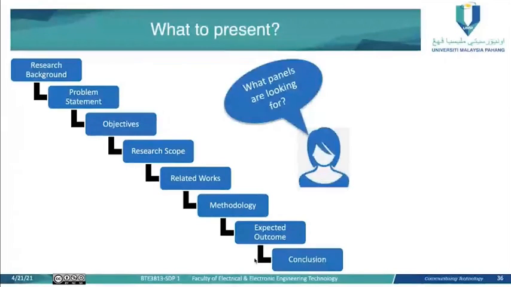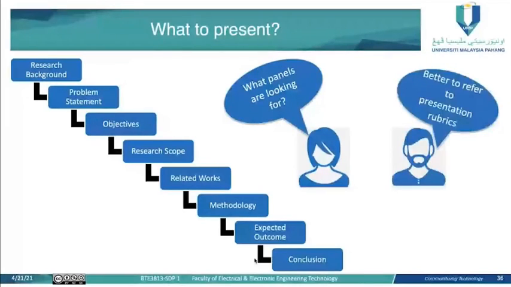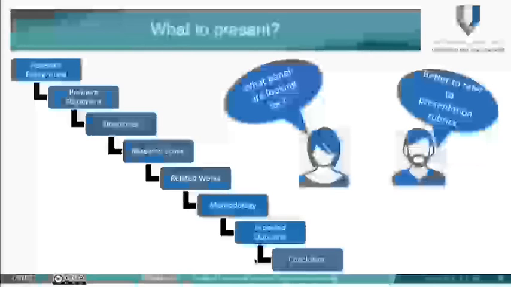What are the panel looking for? I mean, what the panel will ask you about after you present, for 15 minutes. So what they are looking for, better to refer to the presentation rubric on the website. So go to the website, there is a downloads page. In the download page, you can find the presentation rubric for SDB1.